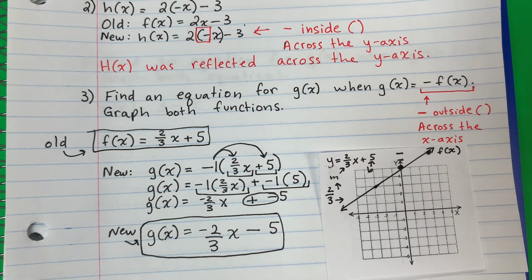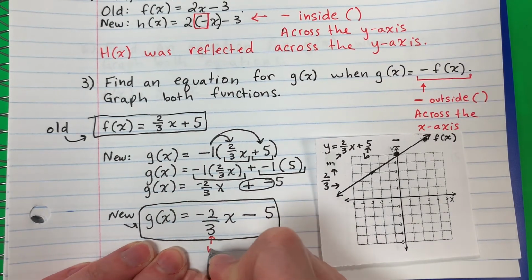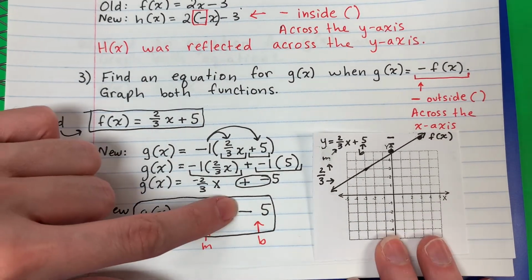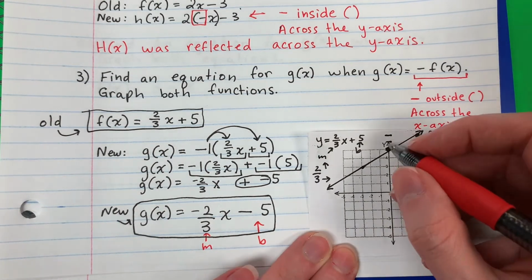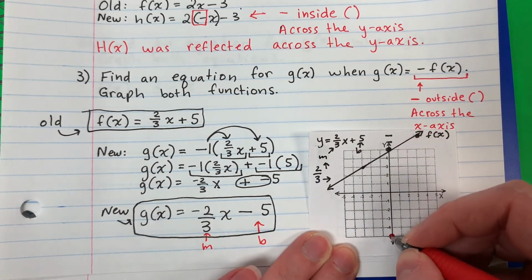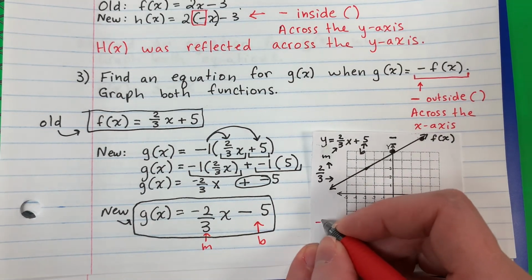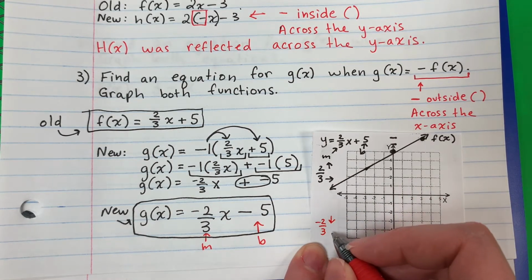Now we're going to go ahead and graph this one. This is m. This is b. Y-intercept -5. So y, -5. And the slope is -2/3. -2, that is down, negative, and this one's always to the right.